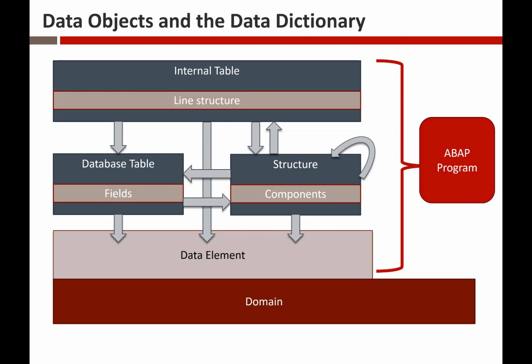And when you deploy this in our program, let's say we were to create an instance of person detail. So we might have something like this, data P1 type person detail. And then I wanted to fill this with data. I could do P1 dash PI dash FN equals Bob, because I have to use the name of the structure, which is part of the person detail structure definition itself.